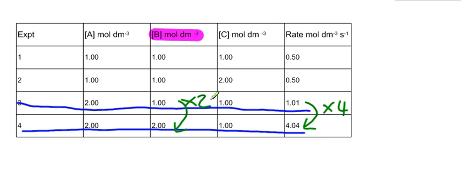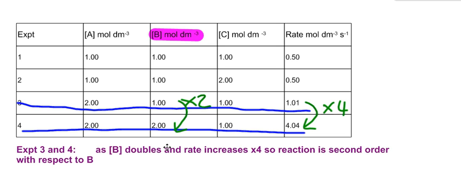Now, what we can say about the effect of B on the rate of reaction is that from experiments 3 and 4, and it is important you say which data you're using, when B doubles, the concentration of B, remember square brackets means concentration, the rate increases by 4.